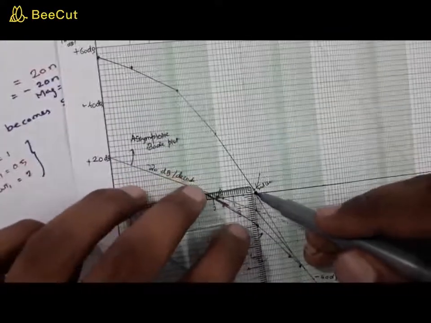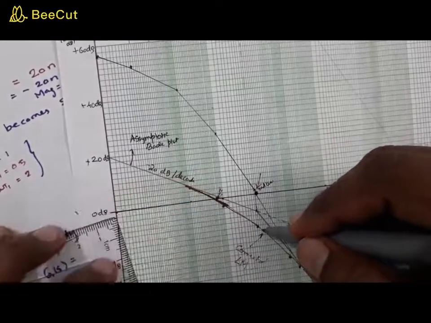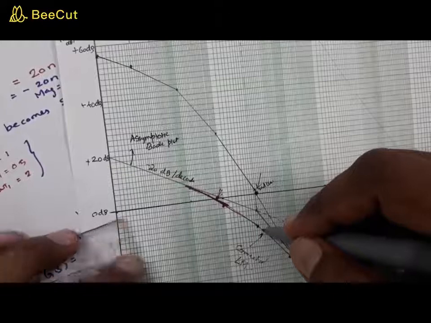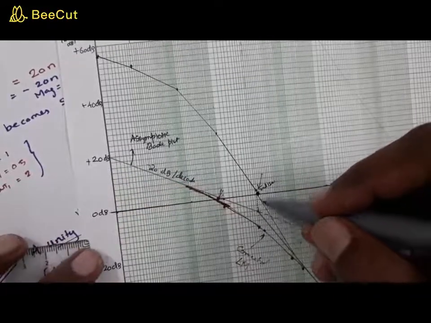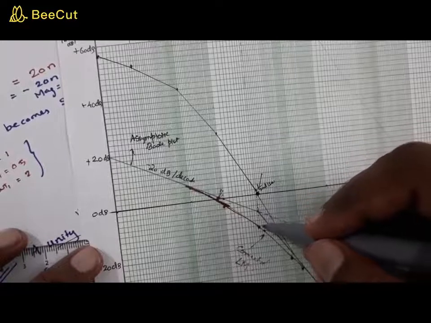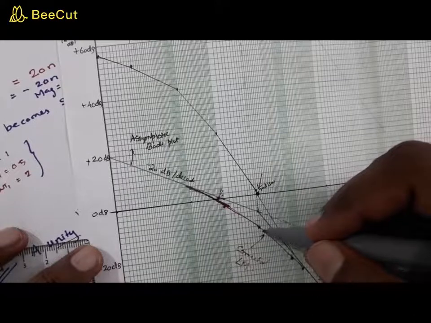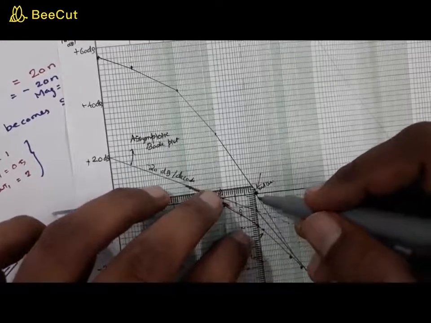So you will have to find it out like this. Look at this graph. This is 2 radians per second, and you can plot this somewhere over here. You can see that this is 1 2 3 4 5 6, so this is 6.